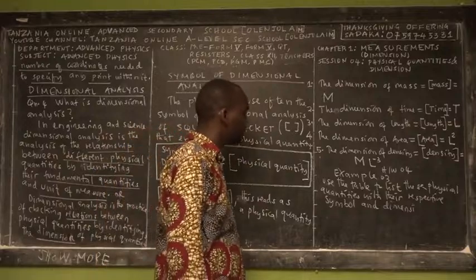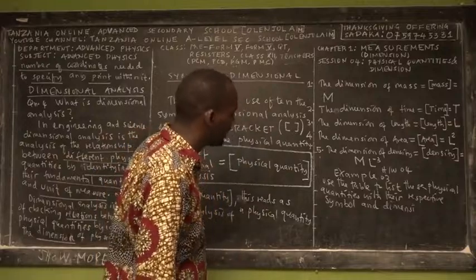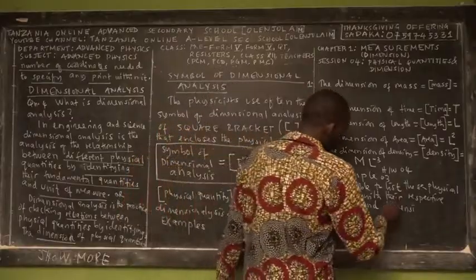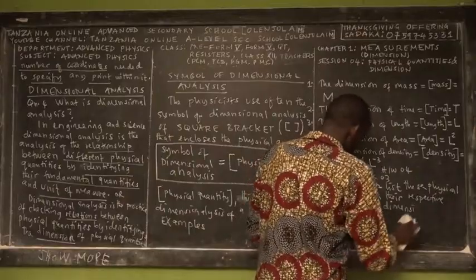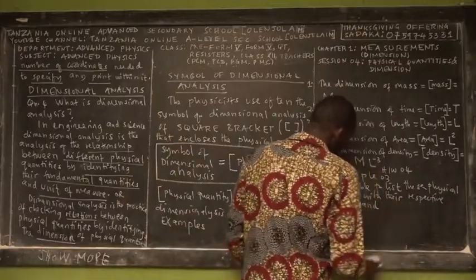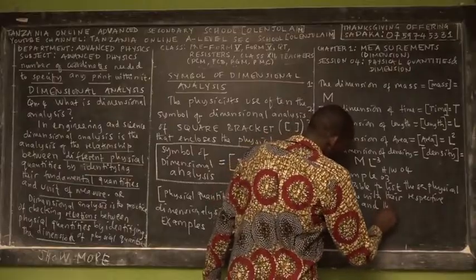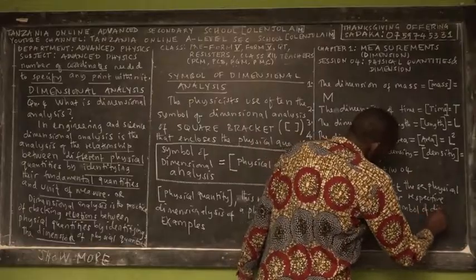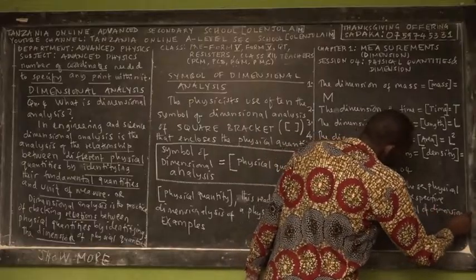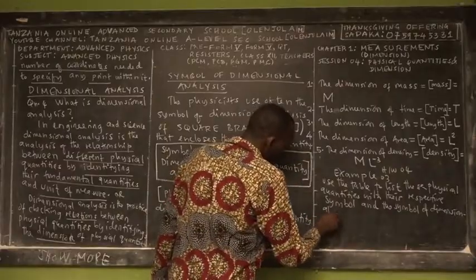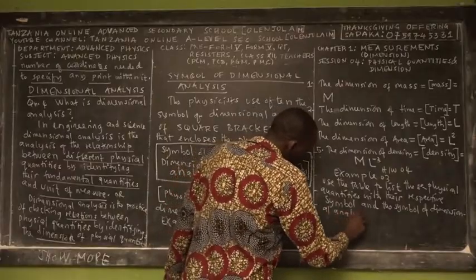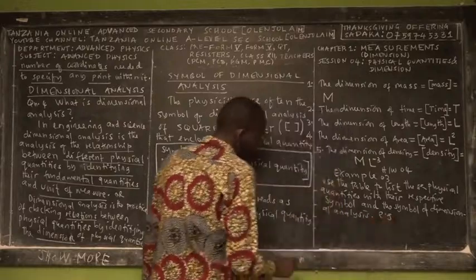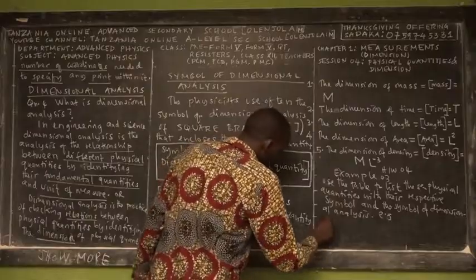Use the table to list these physical quantities with their respective symbol and the symbol of dimensional analysis. Example, let me give you an example. Now this is the physical quantity.